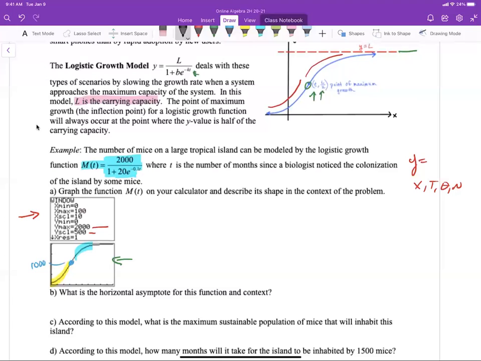So let's describe this. We will say the population of mice on this tropical island initially grows exponentially.